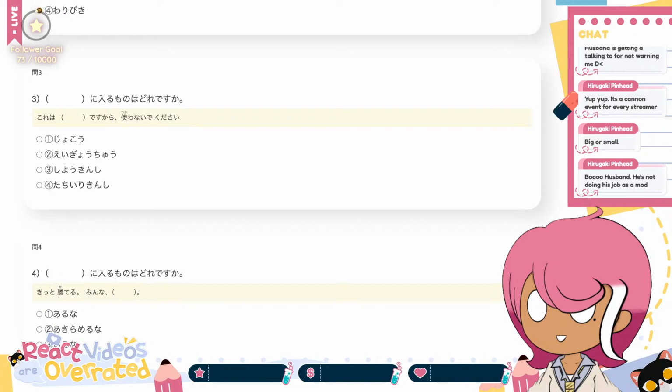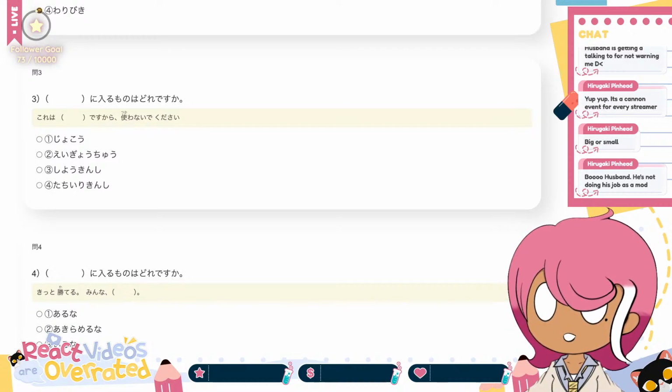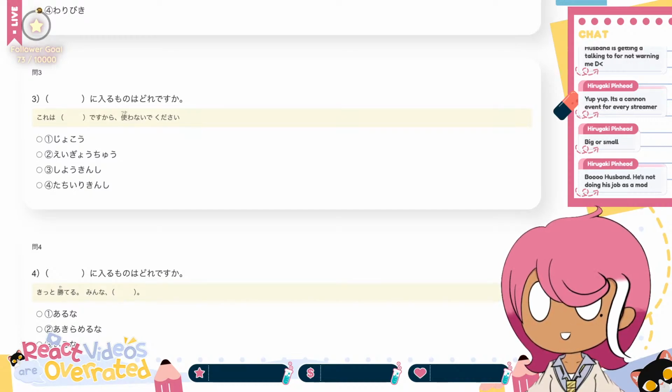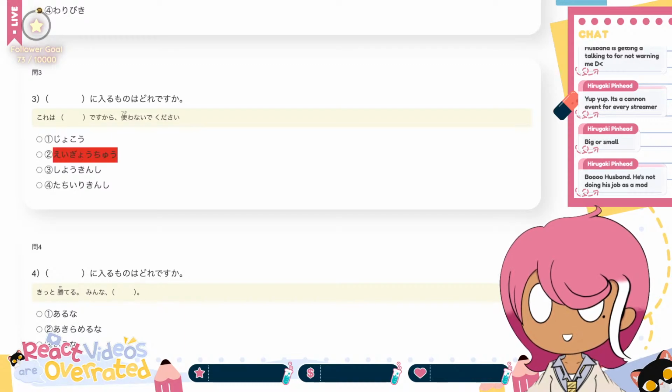Let's look at 3. 使用禁止, money. That's not right. 立ち入り禁止, standing. Maybe it is the in preparation one. So let me check again. So A, yo, true, open. That doesn't sound right. So that's open instead of in preparation.